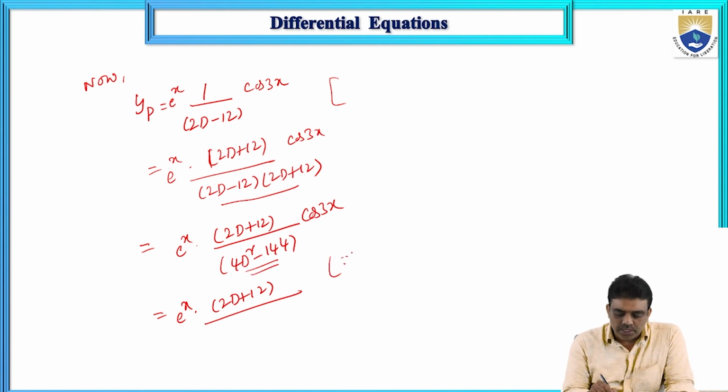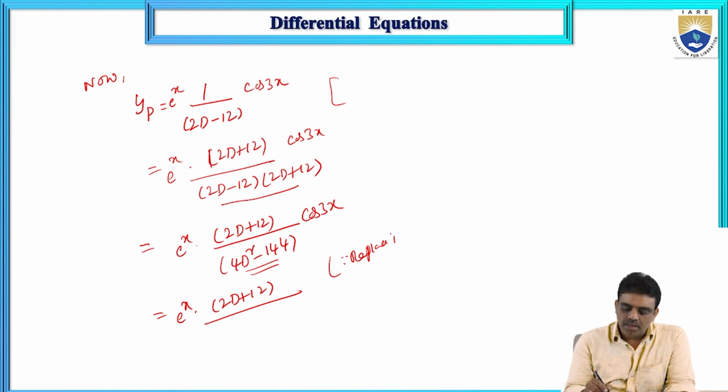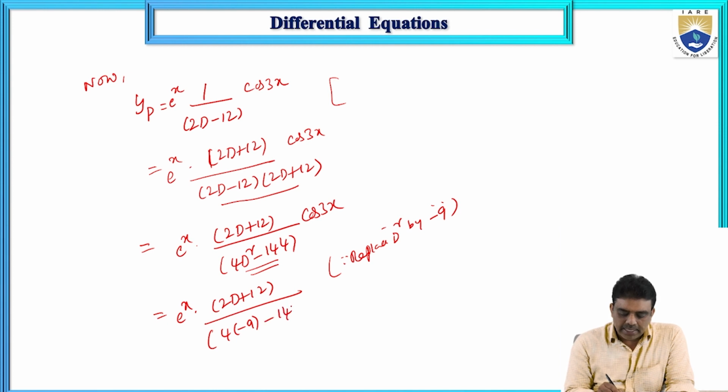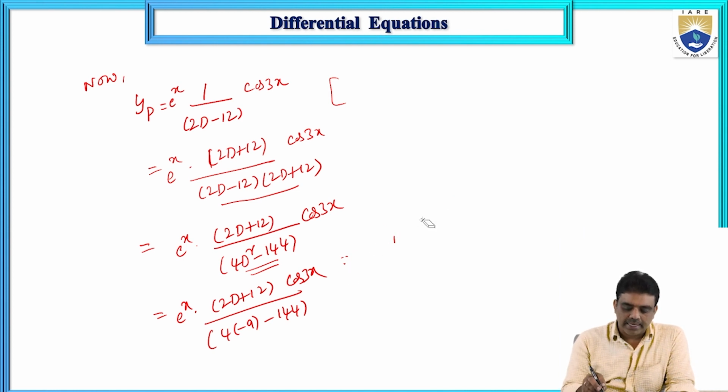Now replace D square by minus 9. Again it is minus b square. So 4 into minus 9 minus 144 of cos 3x.